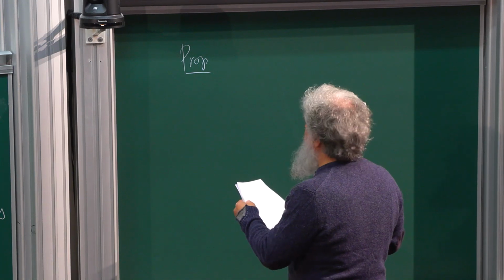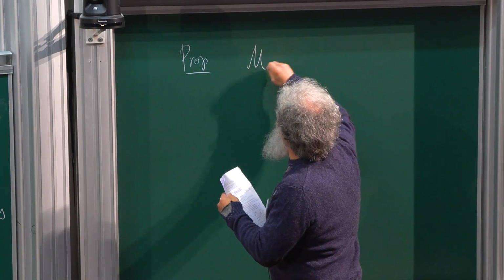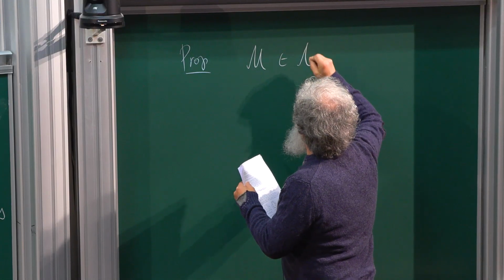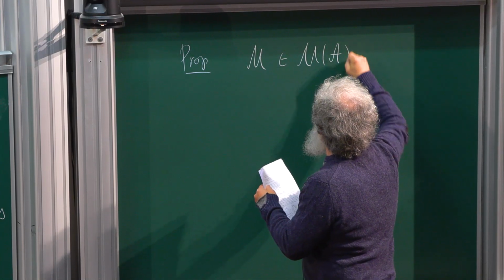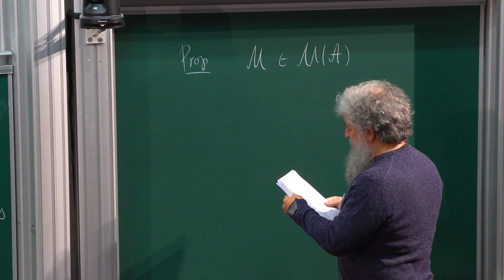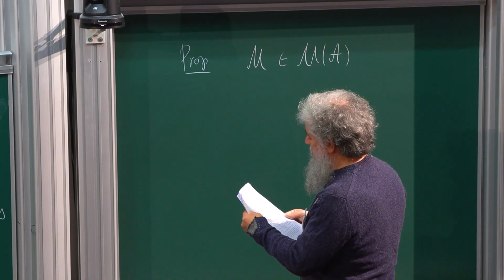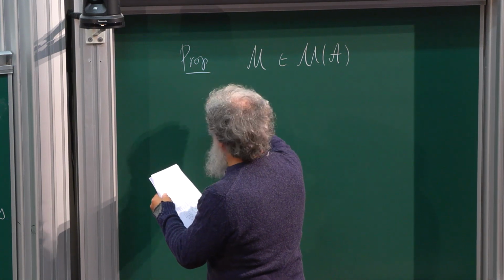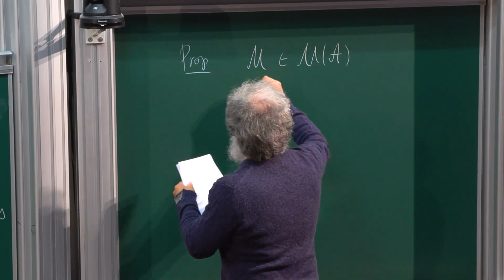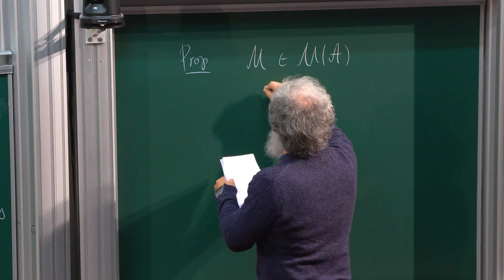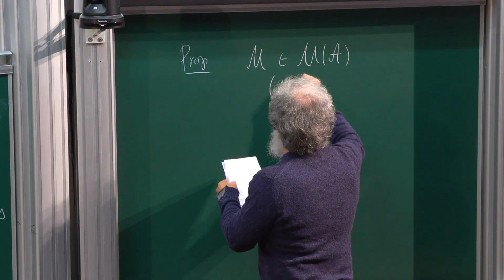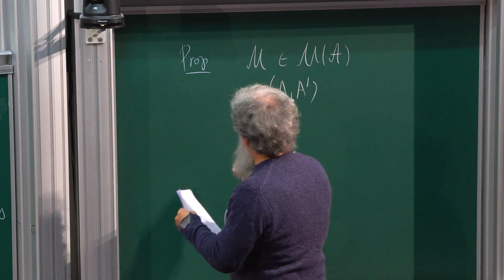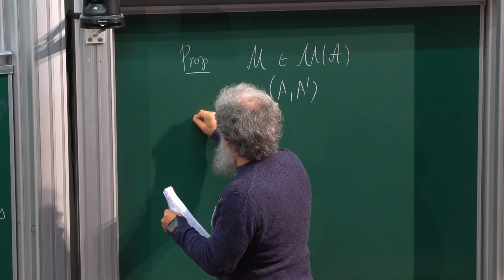That if we have a feasible matching inside, say, M of A, then there exists a unique flow for this matching, for the pair A prime. So then there exists a unique flow.